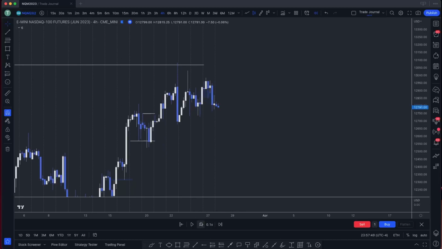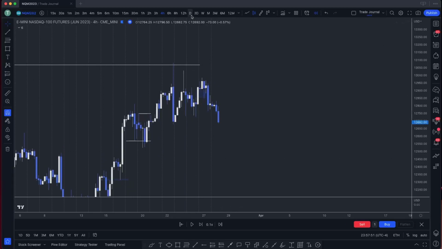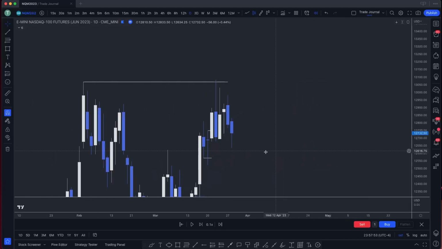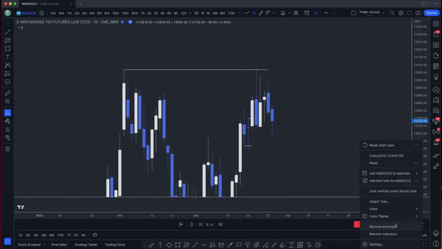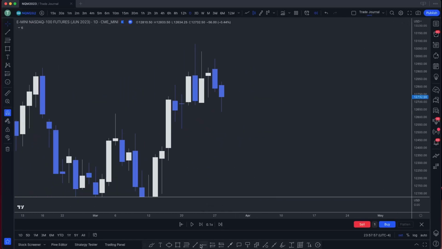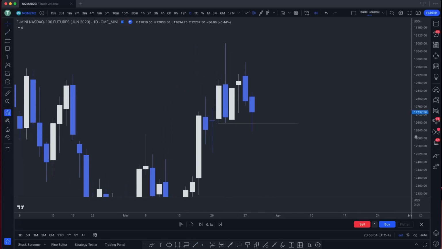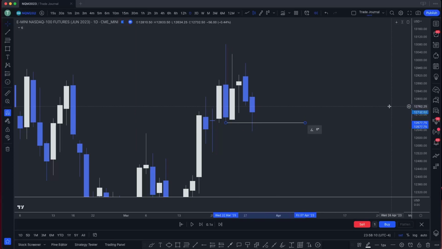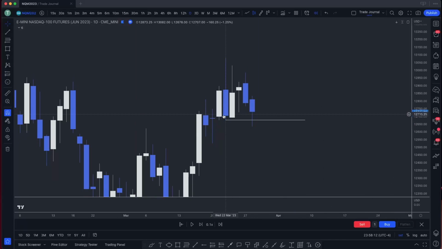But once we had this move below these lows here, again, you could look at it as the same kind of phenomenon. We have this swing high from Wednesday the 22nd, and we can't even make the attempt to close below the low of the middle candle, being the swing high.